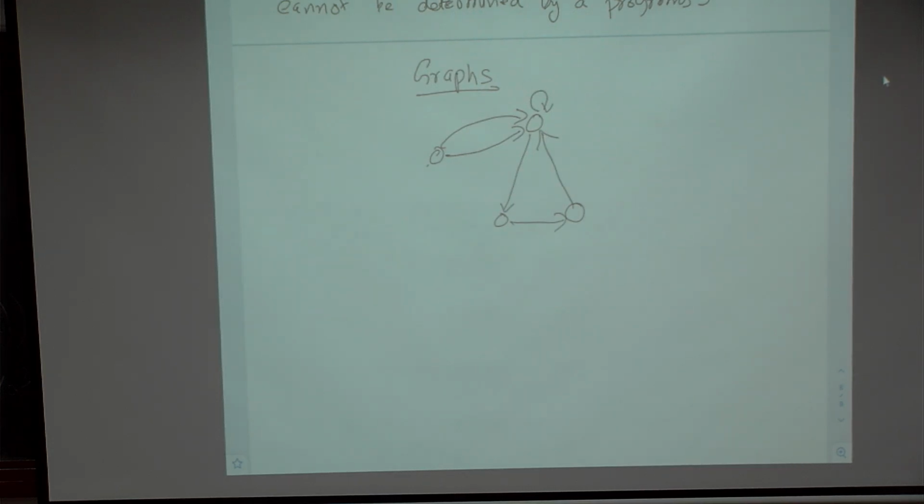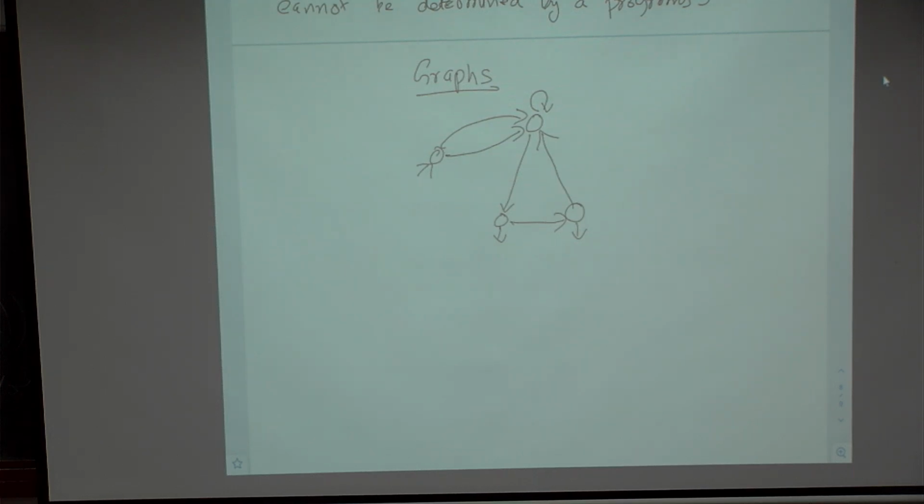Okay, and I mark some vertices. So this is called an initial mark. This is an initial or a source mark, and this is a target mark. Okay, so I have a graph and I identify some subset of vertices called initial and some subset target.